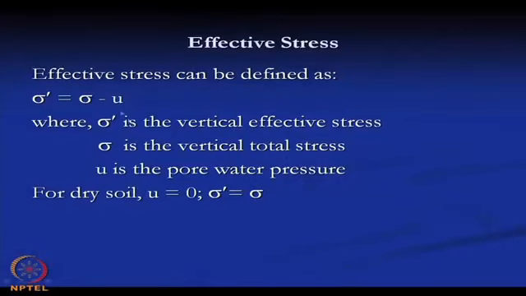But if the soil is totally dry, no pore water pressure will be developed, so u is 0. In that condition, the effective stress will be equal to the total stress. So, if u is 0 in the dry condition, sigma dash is equal to sigma.